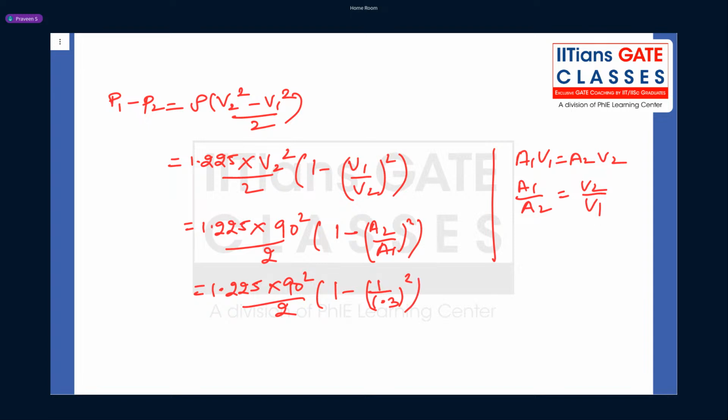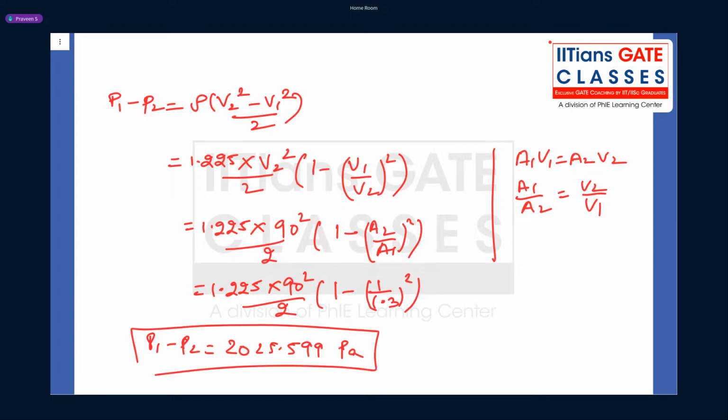If I evaluate this, I'll get P1 minus P2 as 2025.599 pascals, depending on this density value. Once we get the actual question paper released by the GATE committee, we will discuss in detail the steps and the values to be plugged in. So this is basically the procedure to solve this question. Moving on to the next question.